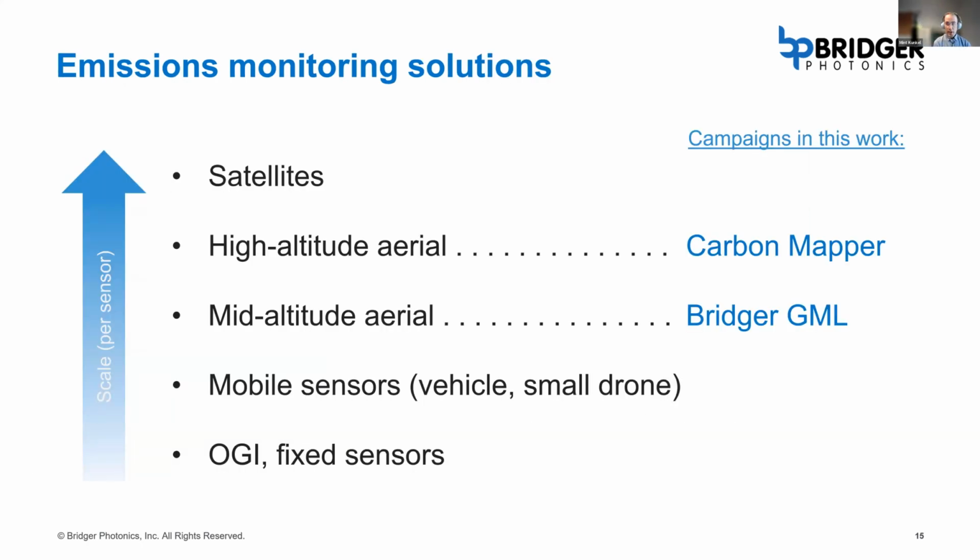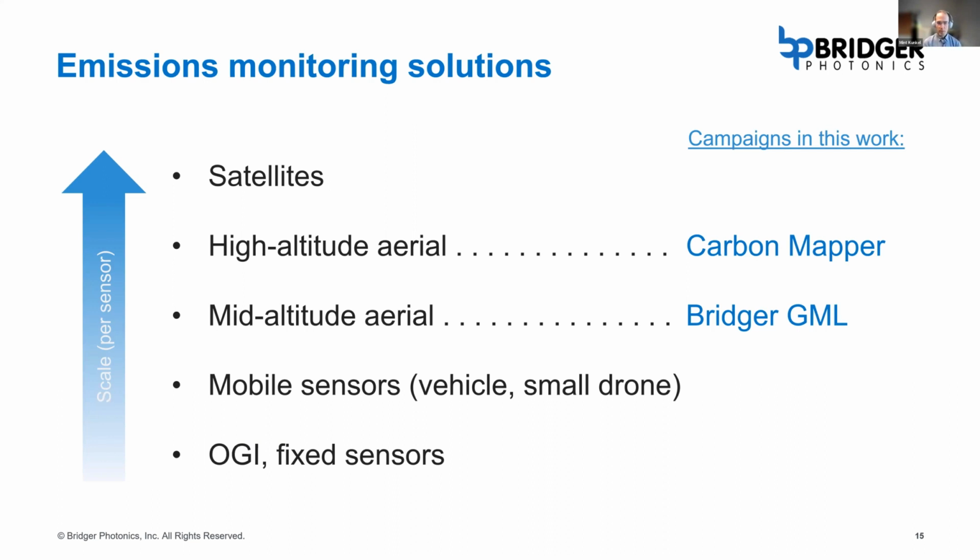So although these are two aerial campaigns, aerial is by no means the only game in town. I'd like to just mention that there are other technologies out there. If we organize them in terms of number of facilities that can be measured per sensor head, it would look something like this. At the top, we have satellites, which maybe don't have the best localization, but are able to measure over very large geographic regions.